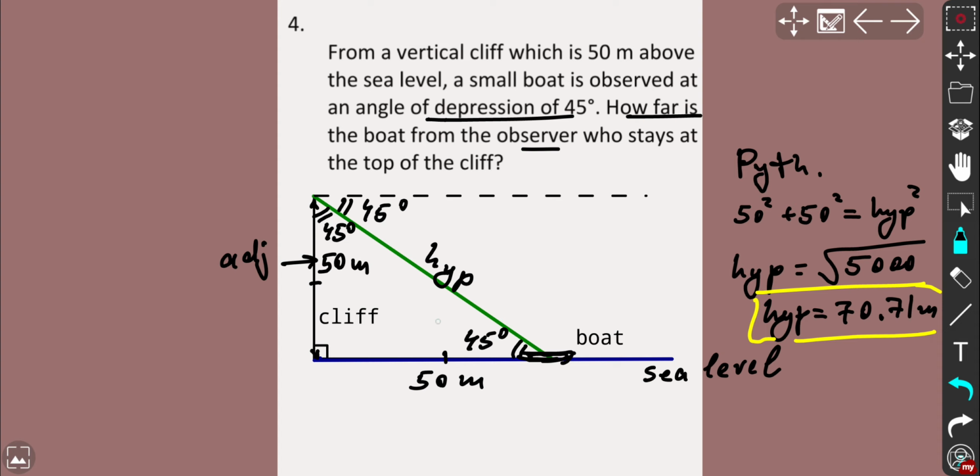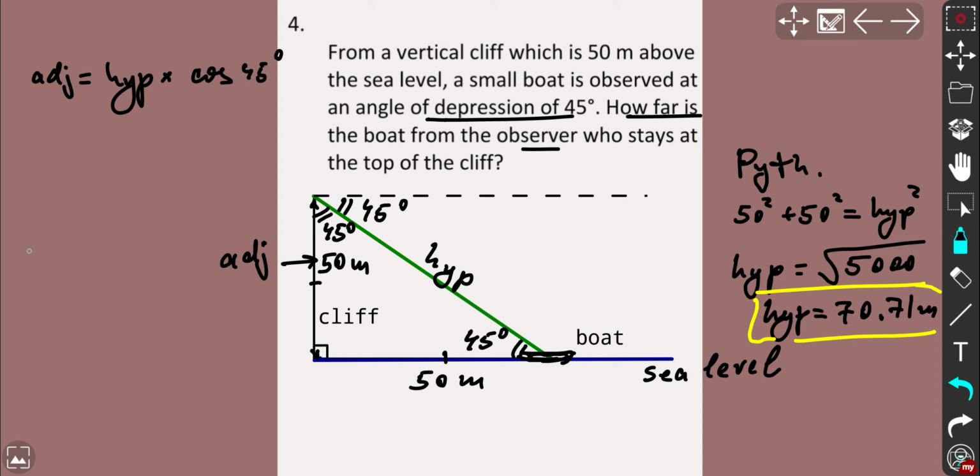So what do you know? If you want to figure out the hypotenuse, you just need to use the cos ratio. In this case, just remember the adjacent side is always hypotenuse times cos. Opposite is hypotenuse times sine. So in this case it's cos 45.